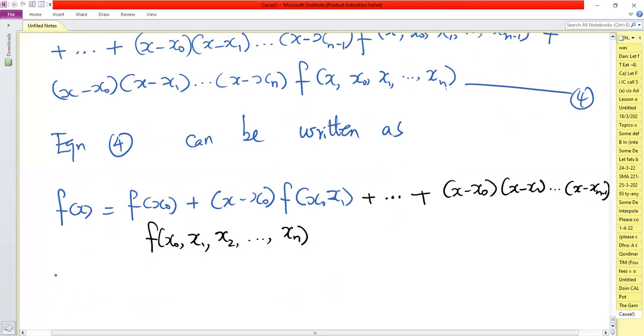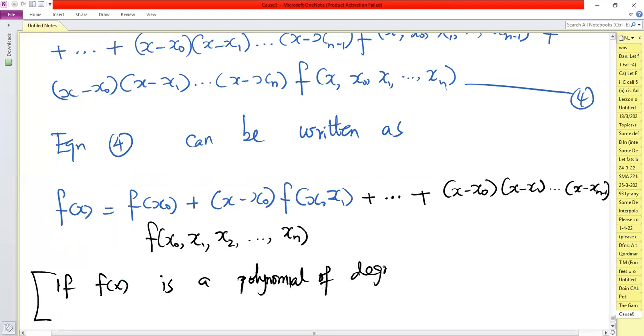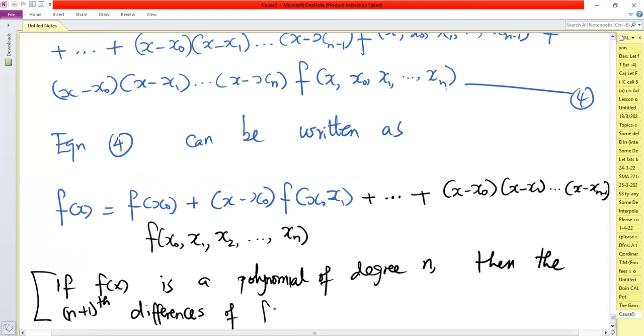This is by using the fact that if f of x is a polynomial of degree n, then the n plus 1 divided difference, and therefore f of x, x naught, x1 up to xn will give us 0.